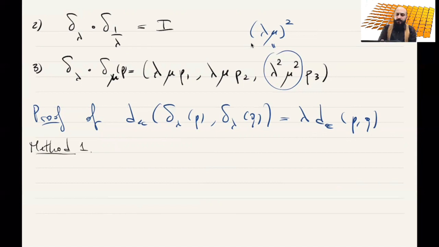Now we see what we understood. So delta lambda is a map that is smooth, and I can consider the push forward of the vector fields. If I push forward the vector field x, so x is a left invariant vector field.